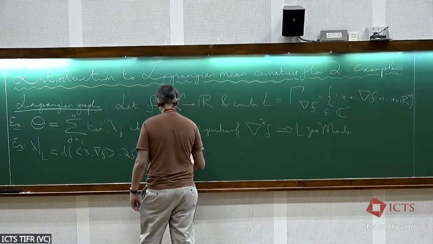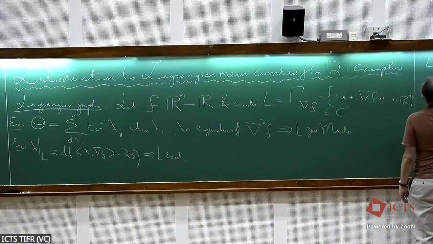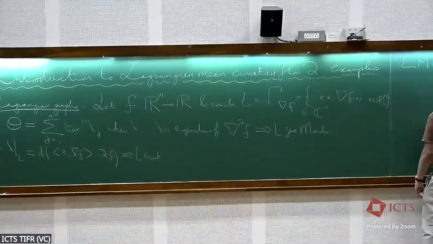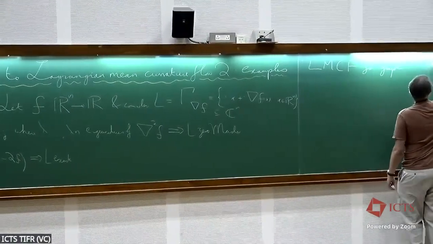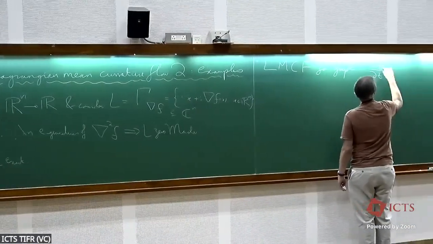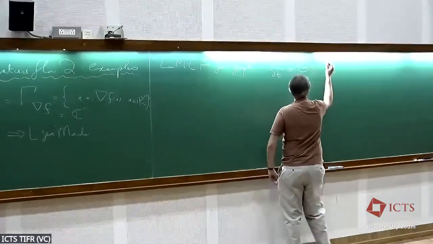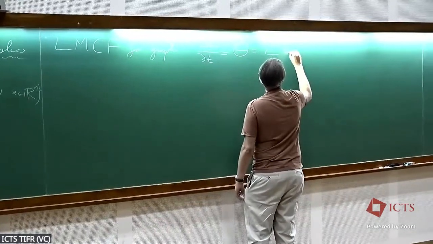And now I can tell you what Lagrangian mean curvature flow is for graphs. It's just I vary the graph function little f by theta, which is just this sum of the arctans of the eigenvalues.